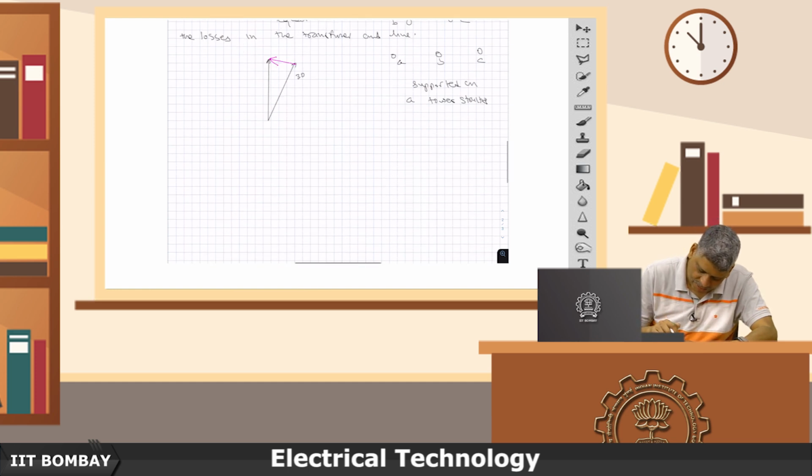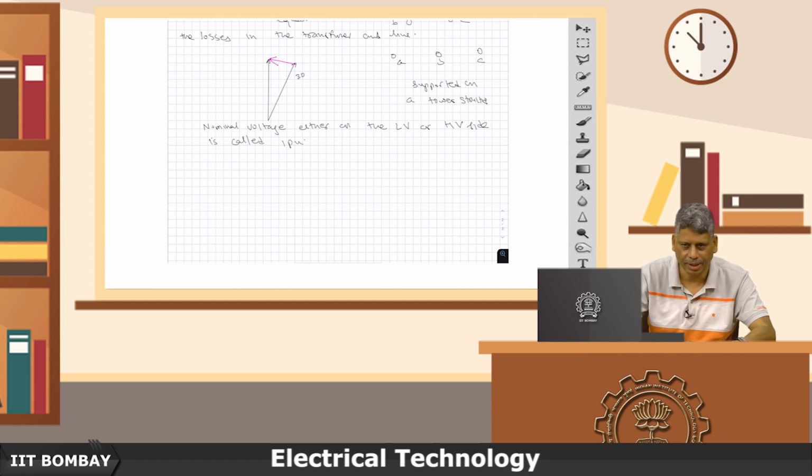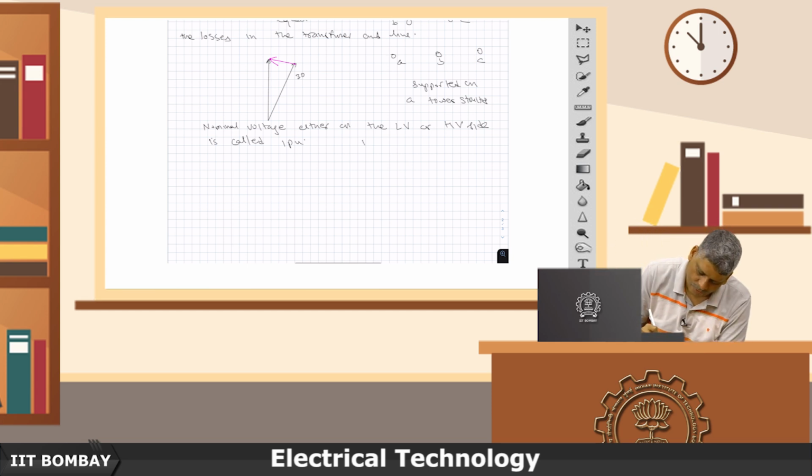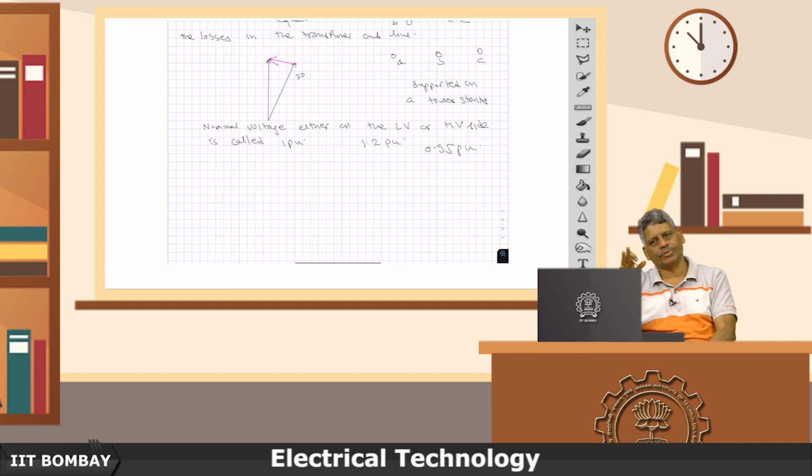So, let us say the nominal voltage on either the LV or HV side is called 1 per unit. That means nominal is treated as 1. So, if the voltage is 120% of the nominal value, we will say it is 1.2 per unit. If it is 95% of the nominal value, we will say it is 0.95 per unit, and so on.